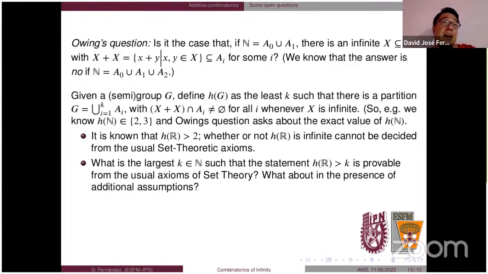A nice question that's stated in one paper that deals with this subject is whether assuming that there's a real valued measurable cardinal, whatever that means, implies that h of R is infinite. So if you can't answer these directly, you might want to add some of the things that we know are consistent with the rest of the axioms, and try to see if as a consequence of that, I can get some more precise information.